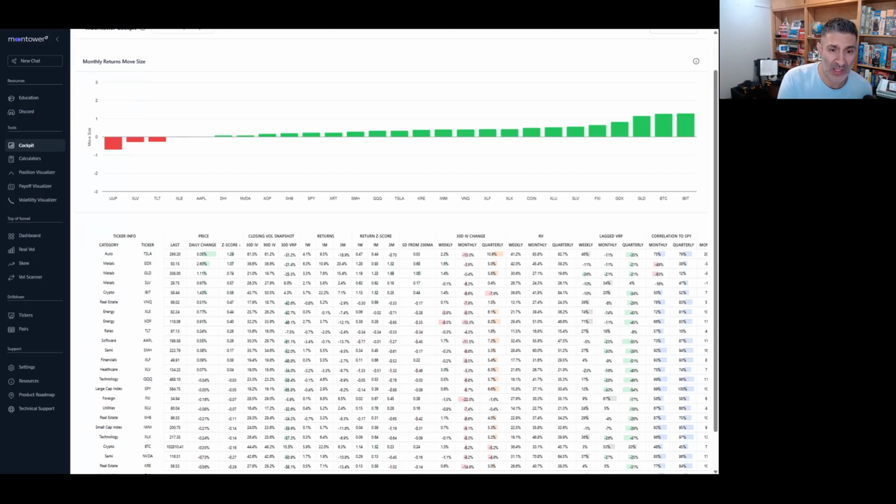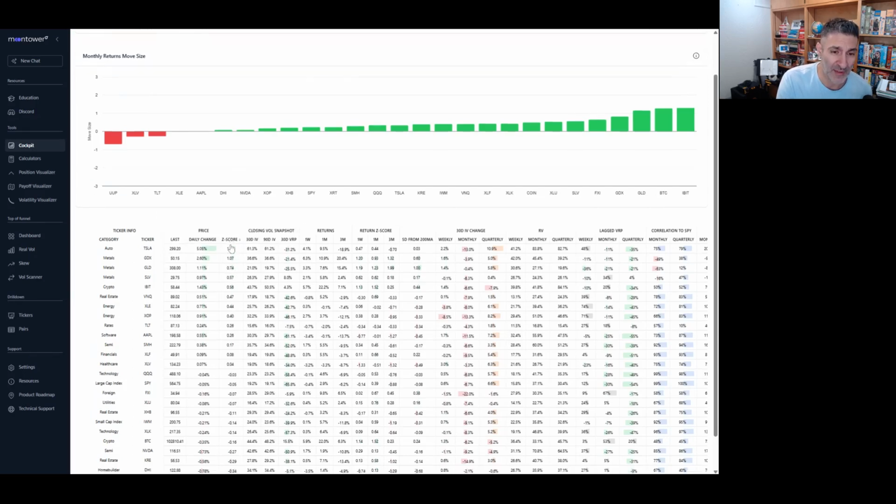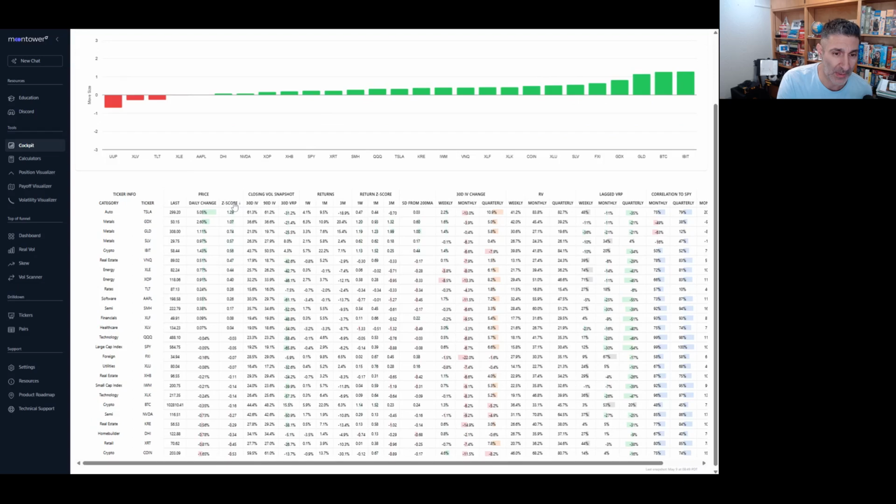I call it Z-score. It's effectively saying how big is today's move relative to what's implied by a two-week option. This is a good way of normalizing, because a 5% move in Tesla and a 5% move in SPY mean totally different things, right? So we just want to normalize these things by their implied vols.